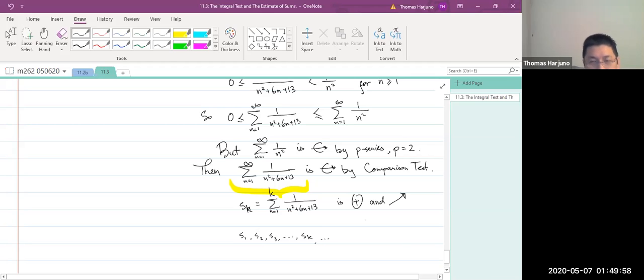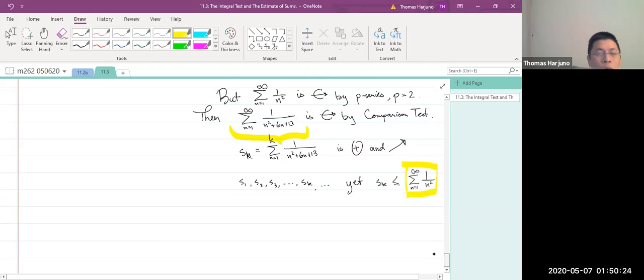Yet at the same time, S_k is bounded above all the time by the sum of 1 over n squared. We don't know what number that is, but we know it's convergent. This thing here is convergent.